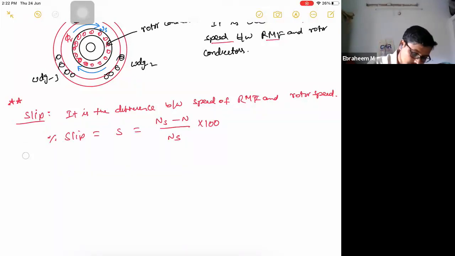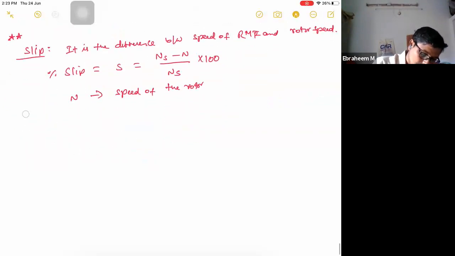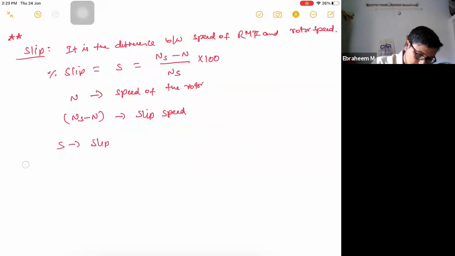Here N is the rotor speed, or speed of the rotor, and NS minus N is called slip speed. So S is slip and that is given by (NS minus N) by NS. Okay, so this is very important.